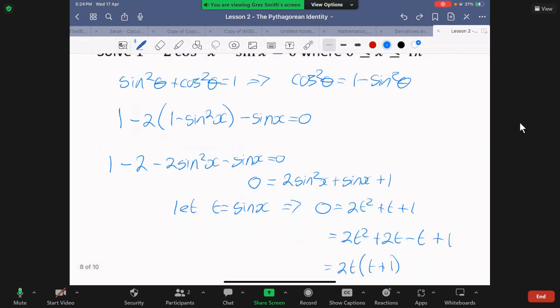This is the disadvantage of not having you guys in class to check everything. When I expand the bracket, I'm doing -2 times 1, giving me -2, and -2 times minus sine squared. This should become positive. So I've got a positive here. That means I want to trash this.